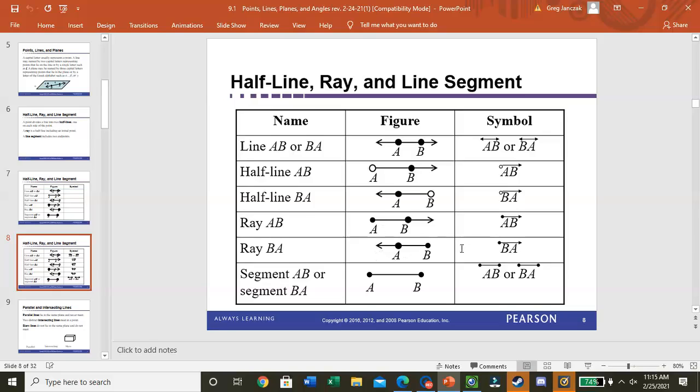Okay, and then ray BA, again, the endpoint is at point B. And then line segment, the difference between a line segment and a line is that the line segment has endpoints, whereas the line segment terminates. It has a beginning and an end, whereas the line continues on indefinitely in both directions. All right? Okay, questions with that?